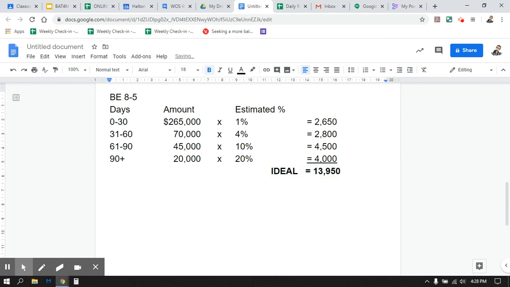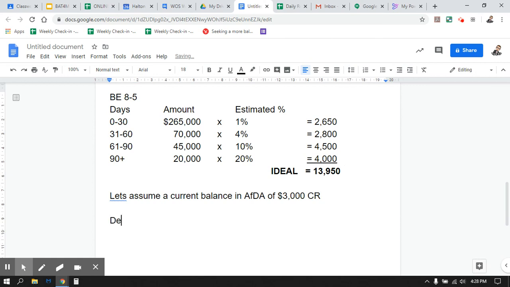Now that is my ideal to determine how I go about adjusting my account. You'll see in the book, it says let's assume, sorry, it's not part of the problem. Let's assume a current balance in AFDA of $3,000 credit. Okay.